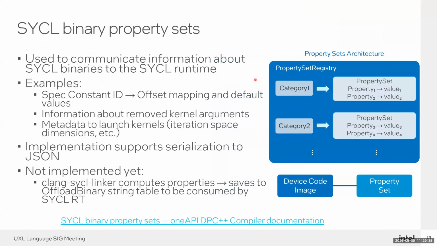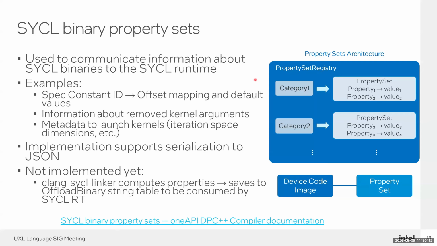Moving on. So what are property sets? We use property sets to communicate information about SYCL binaries to the SYCL runtime. For example, SYCL 2020 has the specialization constant feature, which allows you to specialize device code per some parameters, which will be known only during runtime compilation.